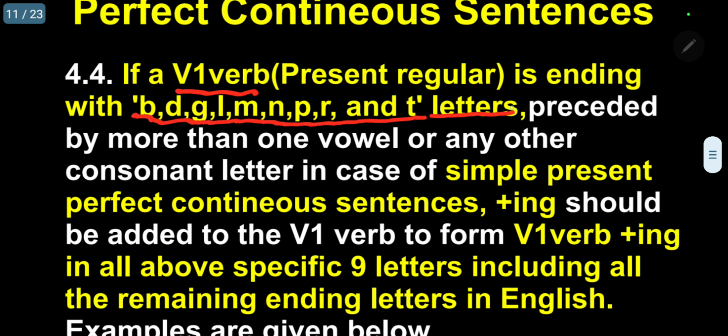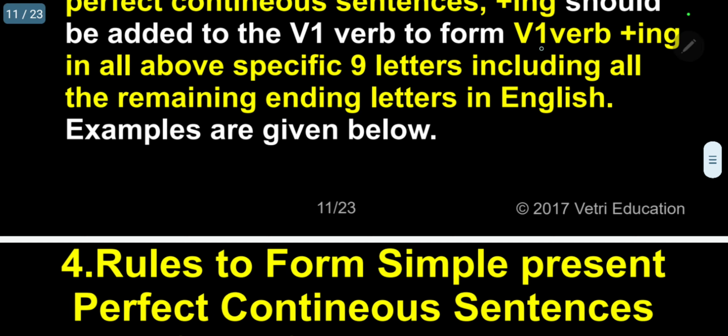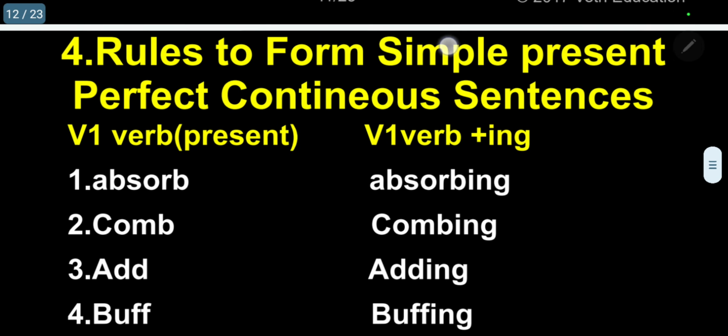Ending letters other than the 9 letters, the remaining letters. Kindly follow. There we will not add 2 letters, that is, the ending letter will not be repeated. So I am giving examples for your understanding.